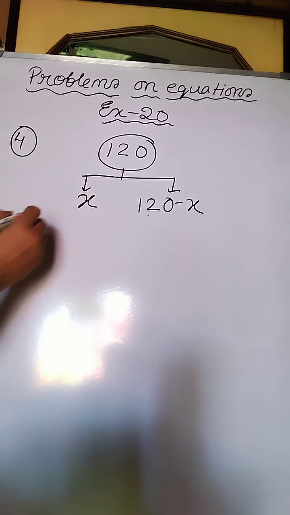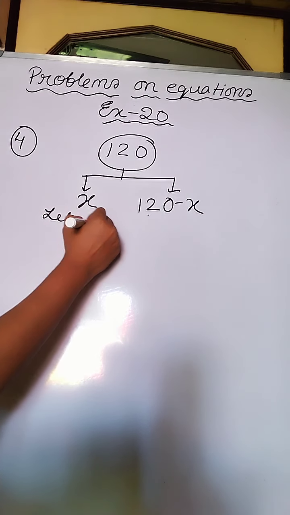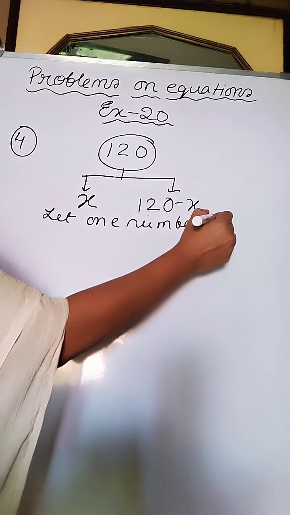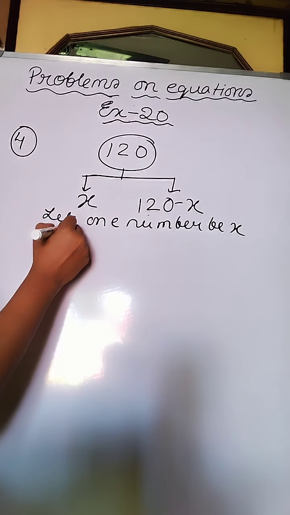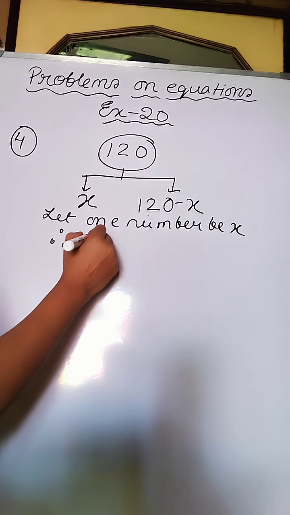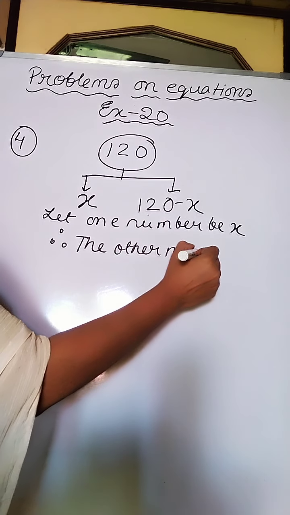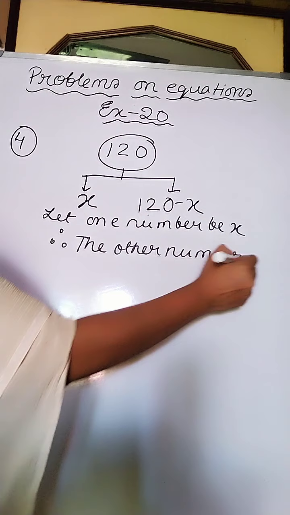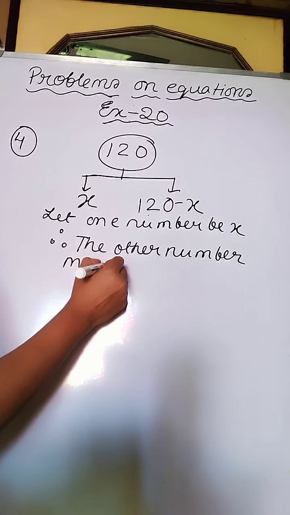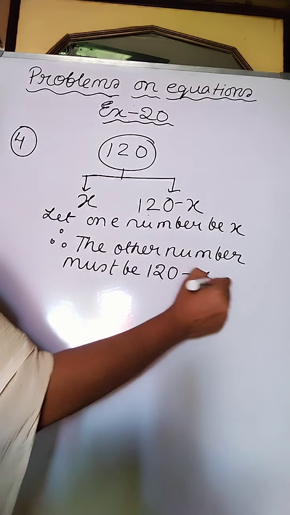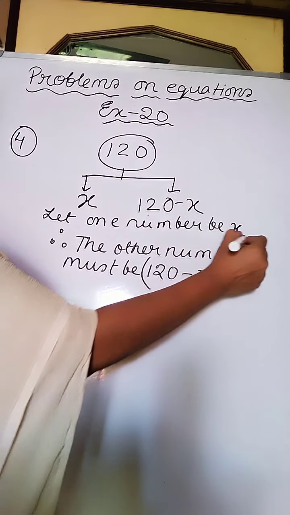So let one number be x. Therefore, the other number must be 120 minus x. This is the other number and this is one number.